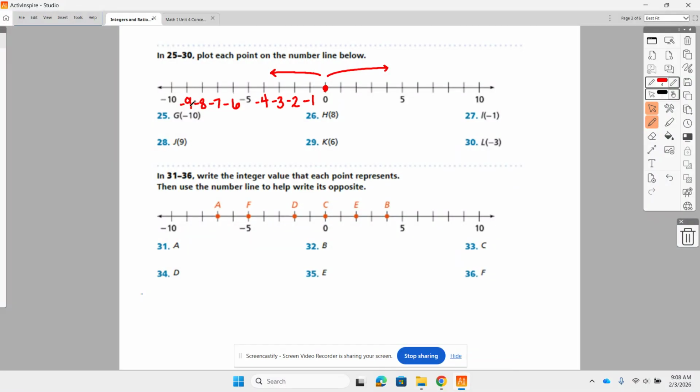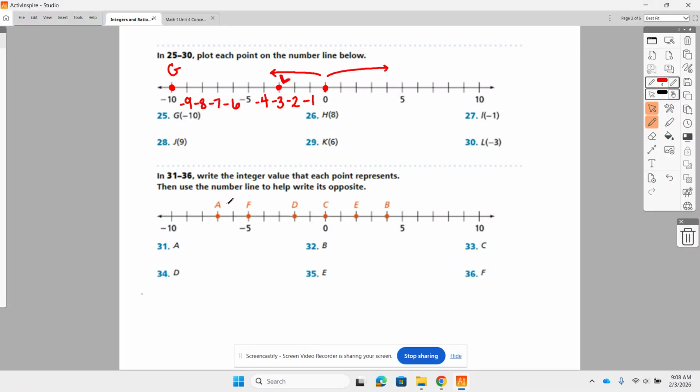We encourage you to draw number lines on your paper. You might have a number line to use in the classroom or to look at on the wall, but drawing a number line is going to be really helpful. If you take a look at some of these values, like G, negative 10, or L, negative 3, sometimes we're just going to need to place the numbers on the number line.